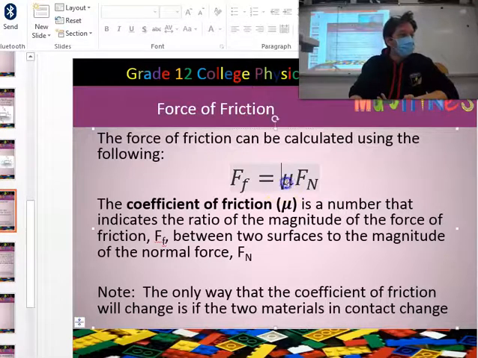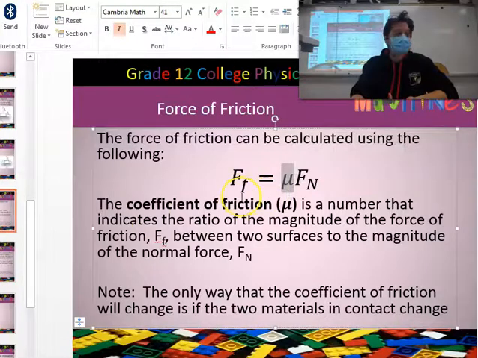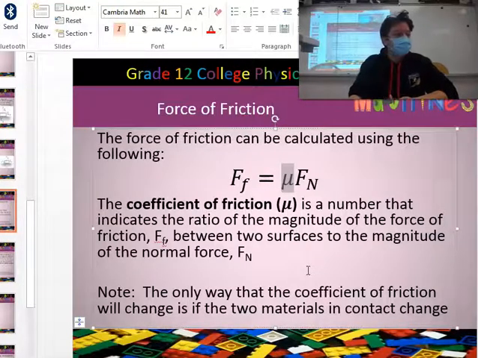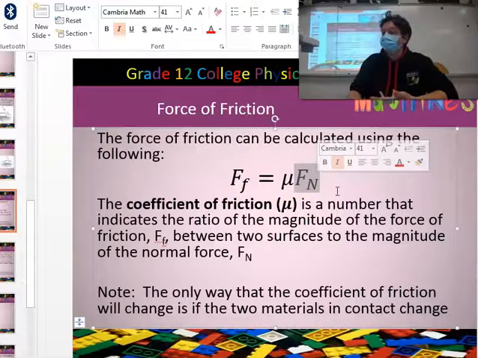And so we have this coefficient right here. This is called, it's a Greek symbol mu, and it is called the coefficient of friction. And it's a number that simply depends on what those two surfaces are. And usually you'll have to calculate it by taking the ratio of that force of friction divided by the normal force, because the normal force is what will also affect the force of friction.